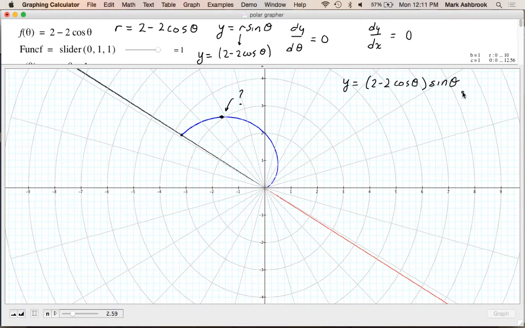Because if y is always r sine theta and r is always 2 minus 2 cosine theta for this blue curve, then that's always true on this blue curve, the relationship of theta and y. Does it make sense? And what did we want? We want to find dy d theta.